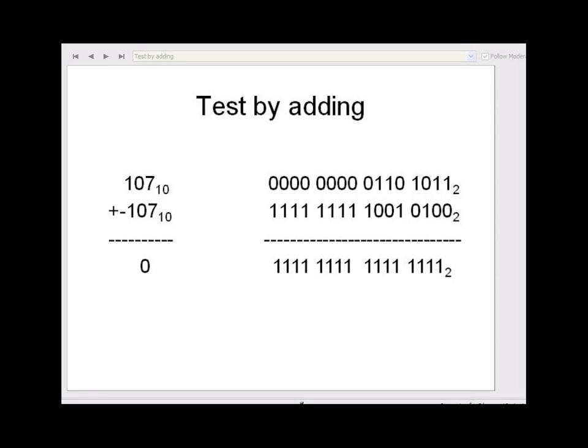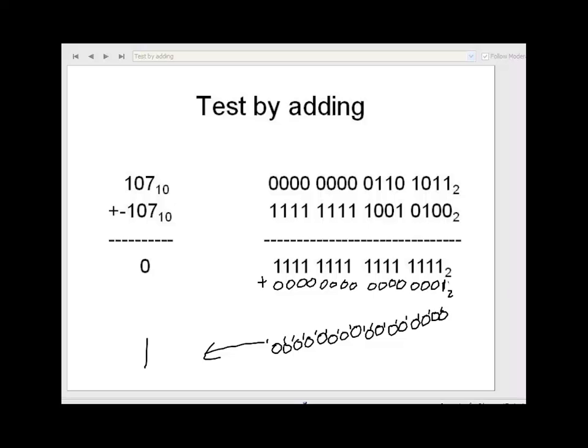The last one, when you add 1 to this, we end up with 0 carry the 1, 0 carry the 1, and so on all the way along, and that last 1 goes away to a thing called the overflow, or it's sometimes called the bit bucket.